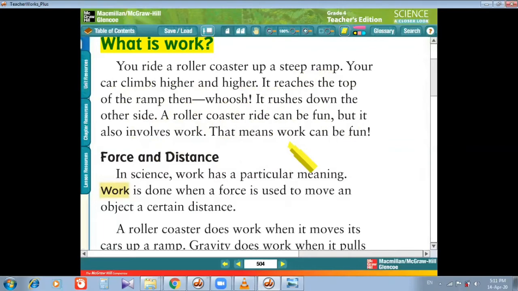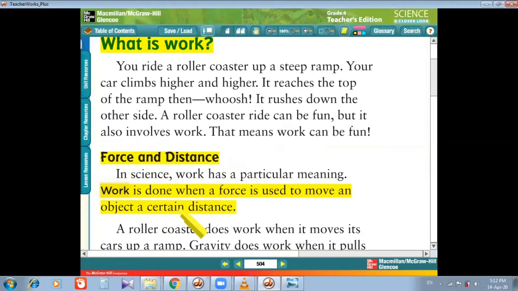The word work, which we use in our daily life, and the meaning of work in science are different. In science, we have some particular meaning of work. For example, force and distance. In science, work has a particular meaning. Work is done when a force is used to move an object a certain distance.